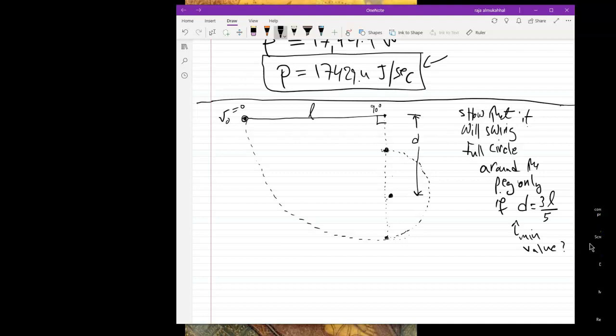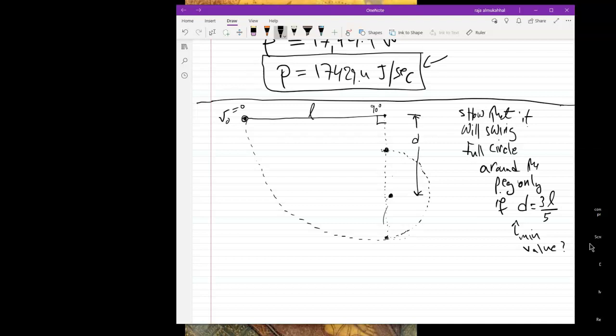I want you to stop the video and think about that. Here is the string of the pendulum. It swings down and hits the peg in the middle, and it's going to swing up just some part of the way. Now imagine I have this peg somewhere here. It's not going to swing full circle.